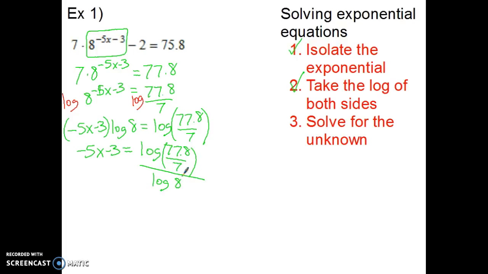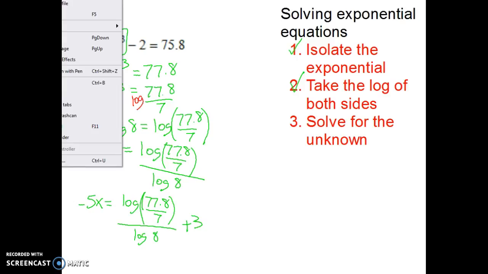Now on the left side, we just have a linear expression to get rid of, so we'll have to add 3 to both sides. So I have negative 5x is equal to log of 77.8 over 7 over log of 8 plus 3. And we are almost there.